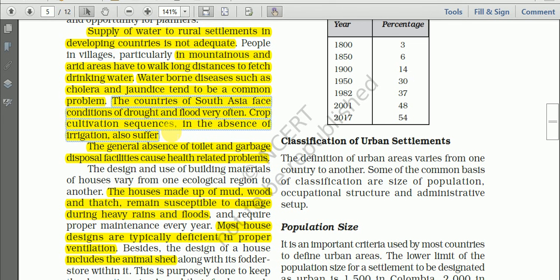So in India, then in Bangladesh and other Asian countries, irrigation facility is not adequate, and that is why their growing of crops also suffers in the absence of irrigation, because the monsoon is uncertain, that you have known, and irrigation is also not adequate, and that is why the crop cultivation sequence is not good, we cannot grow as we want. That is the point mentioned here.